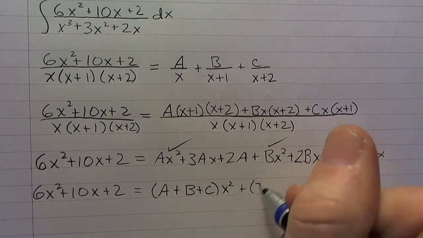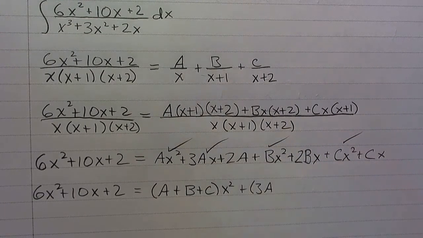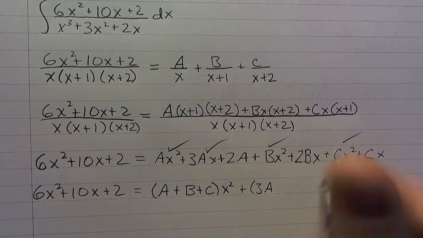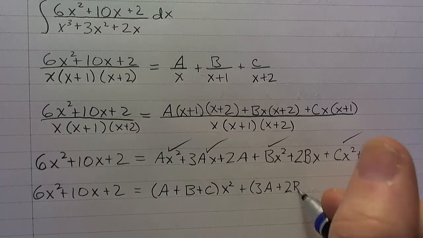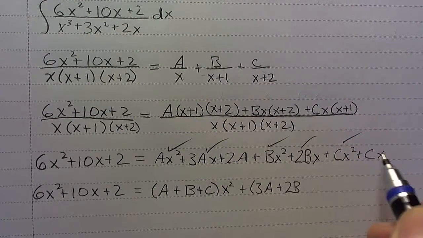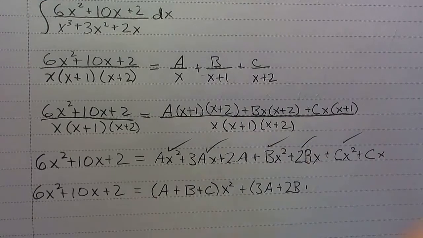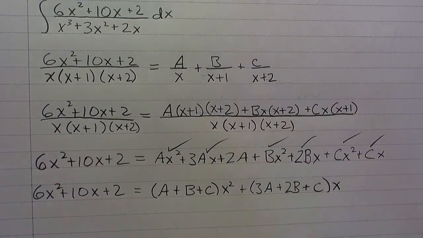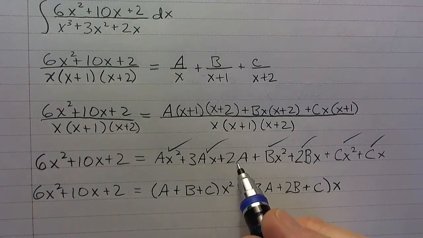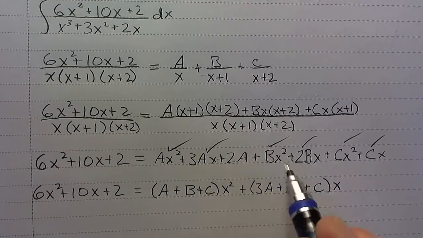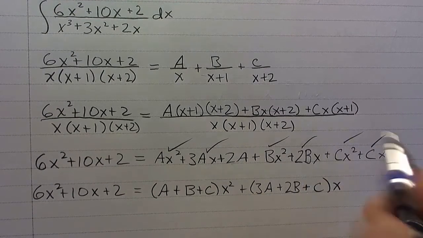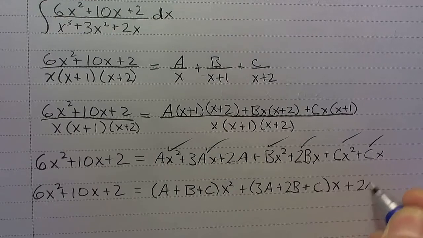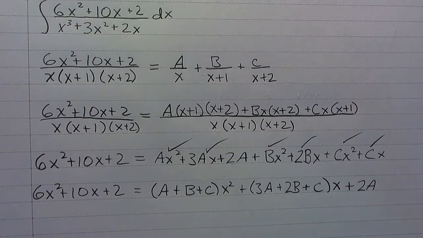I've got 3a plus 2b plus c times x. Yeah. So I've got all of those. Now let's see what's left. I've got 2a right here, right? Just 2a. Is that it? Yep, that's it. Plus 2a. There. Now, I've got all the like terms grouped together.